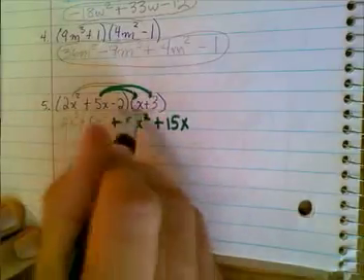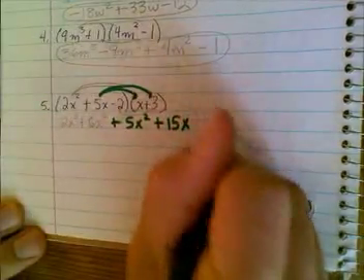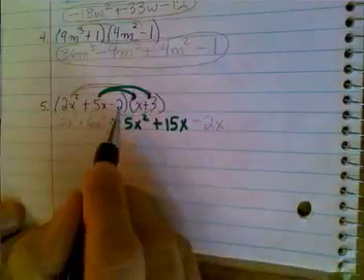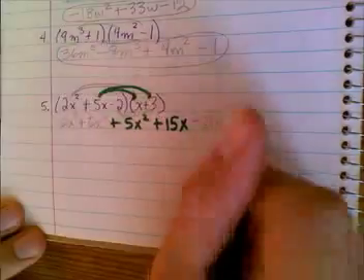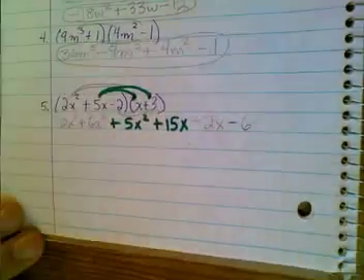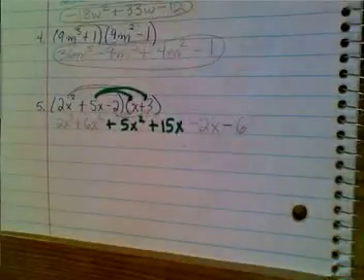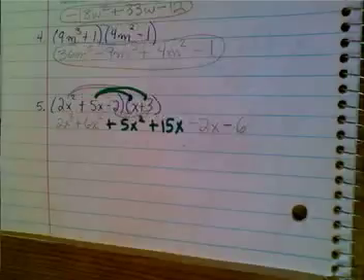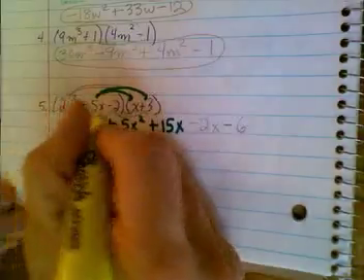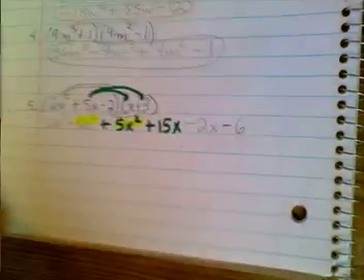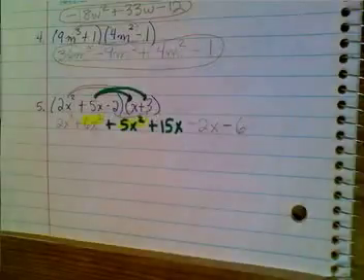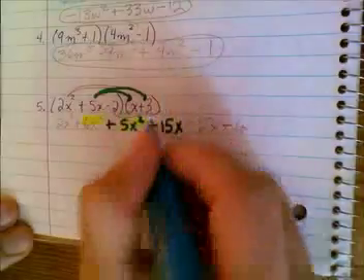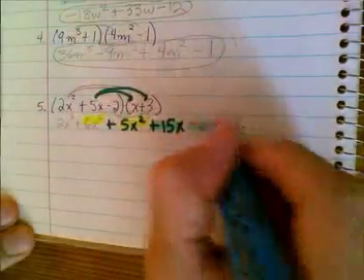Okay? And then finally, I'm going to take the negative 2 and distribute it through. So negative 2 times x, negative 2x, and then negative 2 times 3, negative 6. And then, once again, I just look for like terms, and I see this 6x squared and 5x squared are like terms, and also 15x and negative 2x are like terms.